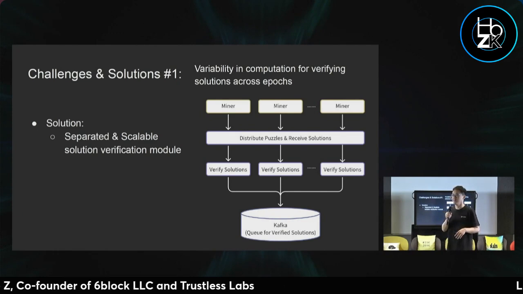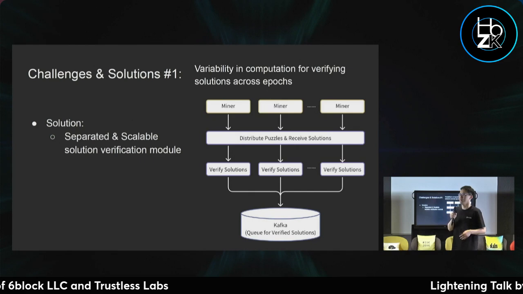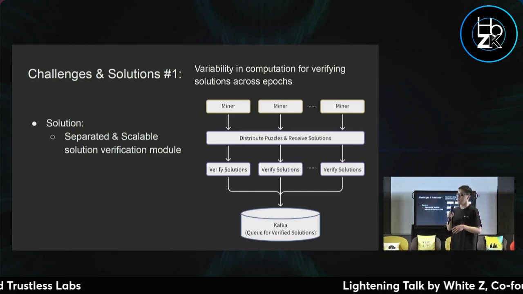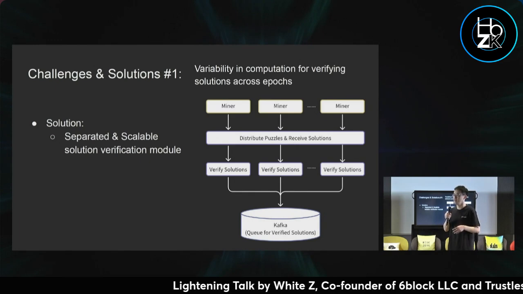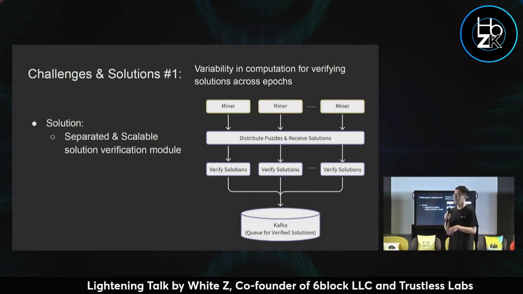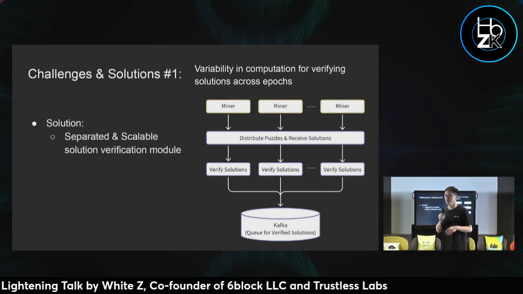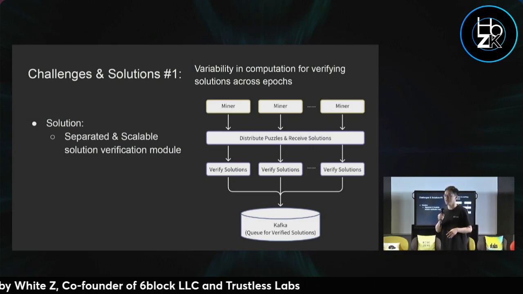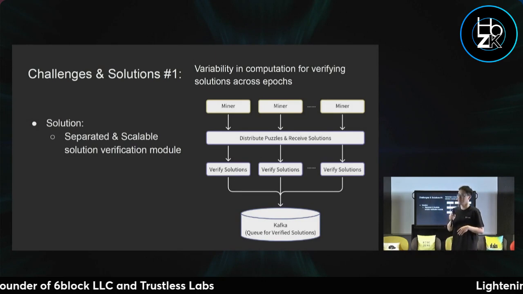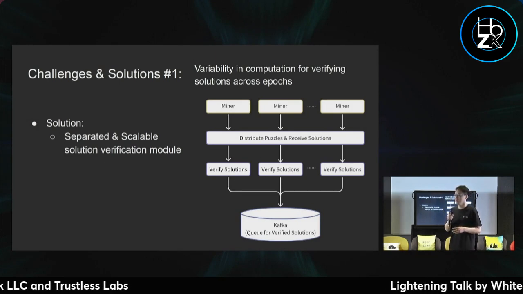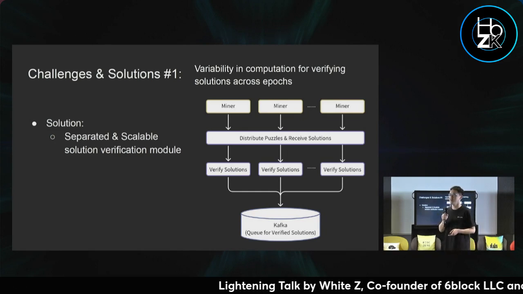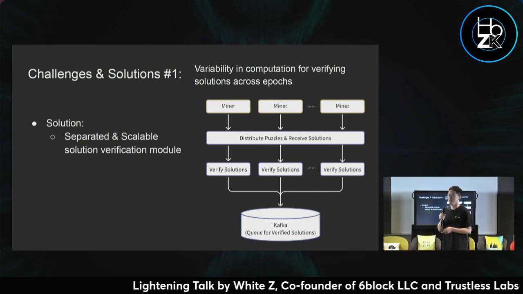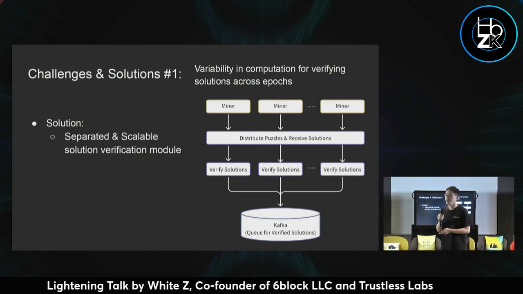You can see from this picture that the module for verifying solutions is separated into three, so we can scale the ability to verify these solutions to a large cluster. Okay, so that's the first thing we did when dealing with such a zero-knowledge proof mining pool.